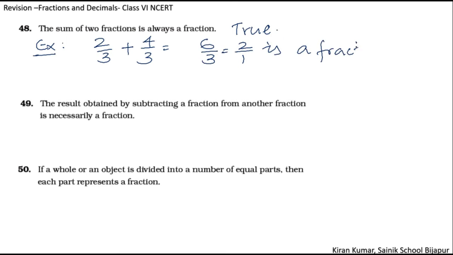I have taken just an example; you can consider plenty. The sum of any two fractions will always be a fraction, and this property is called closure property. So the closure property is true for the set of fractions.